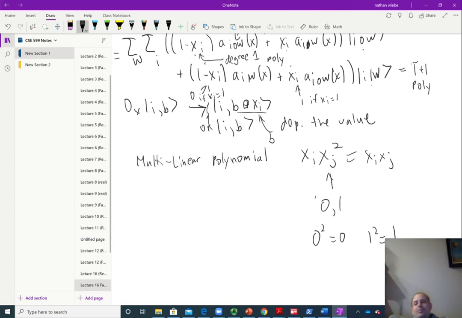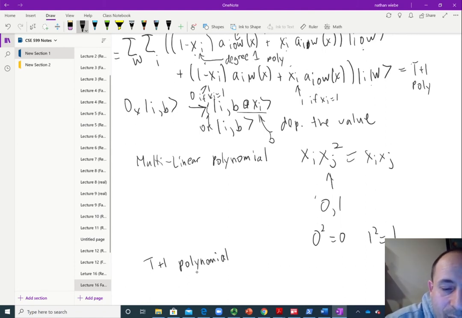So the result can be written as a multilinear function just because all of the inputs are assumed to be either 0 or 1, which are the only two numbers that equal themselves when squared. So that ends up showing that we have a degree t plus 1 polynomial.